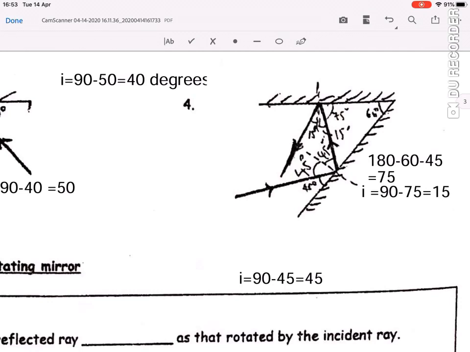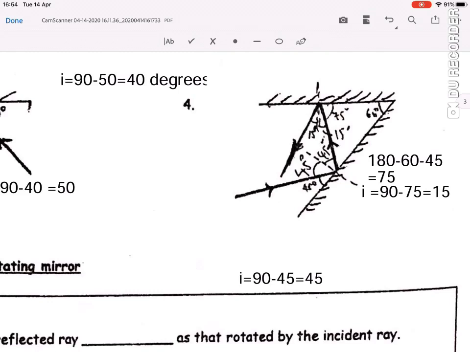So we look at the triangle it formed at the corner there. We got 60 degrees at one corner. What is the remaining angle for this triangle? It's 180 degrees minus 45 degrees, minus 45 degrees to give you that 45 degrees at the bottom part.